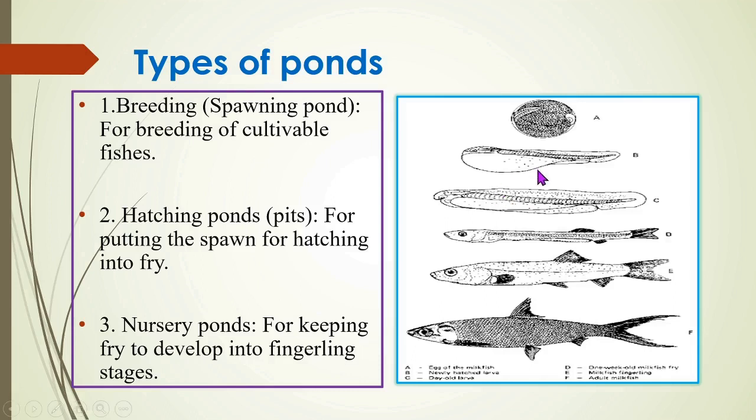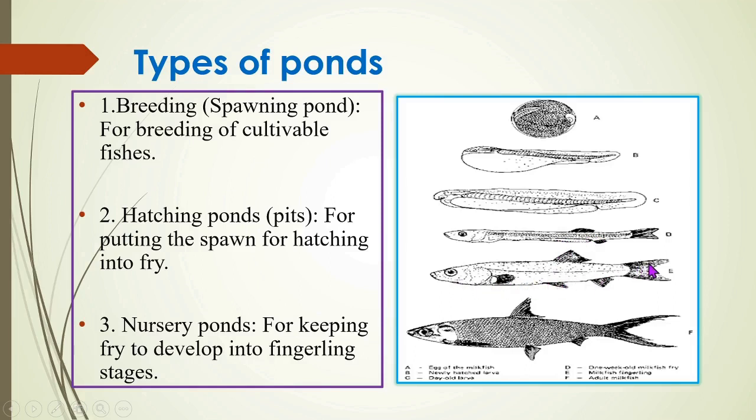Now the spawn, after 7 days, acquires the shape of a fish. This small young fish is now called fry. This fry is 1 to 2 centimeters in length. After several changes, that is after 30 to 60 days, it grows into the next stage, that is fingerling.